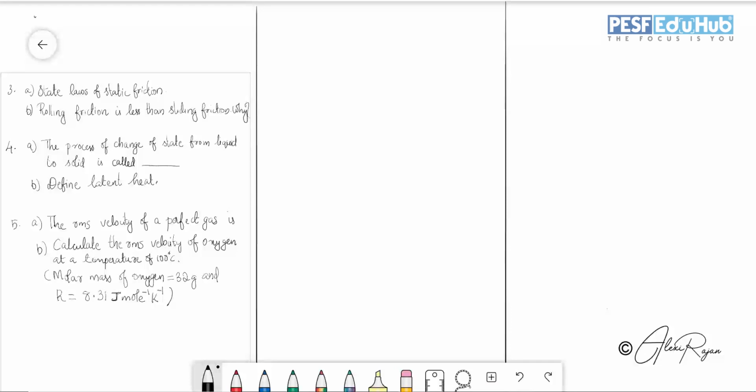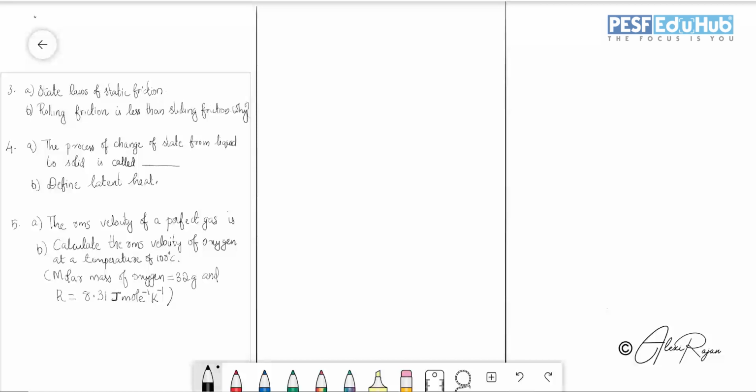And the second sub question, rolling friction is less than the sliding friction. Why? Okay. So this is a simple question. You all know that friction is a force between two surfaces in contact, right? And this particular force will act opposite to the relative motion. While we are walking also there is a friction between our foot and the ground.